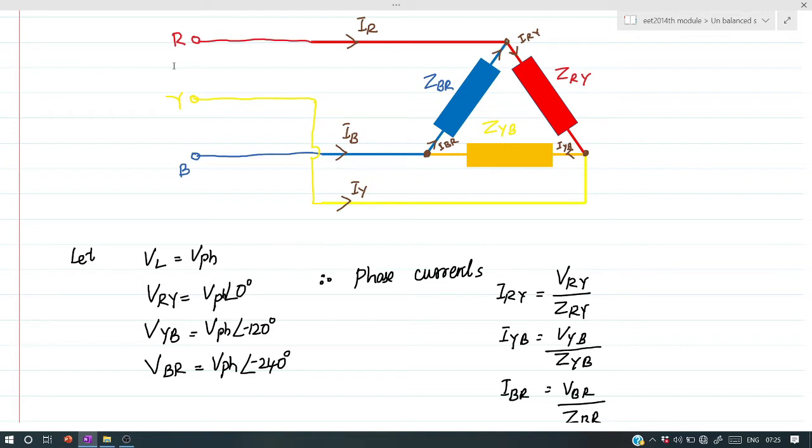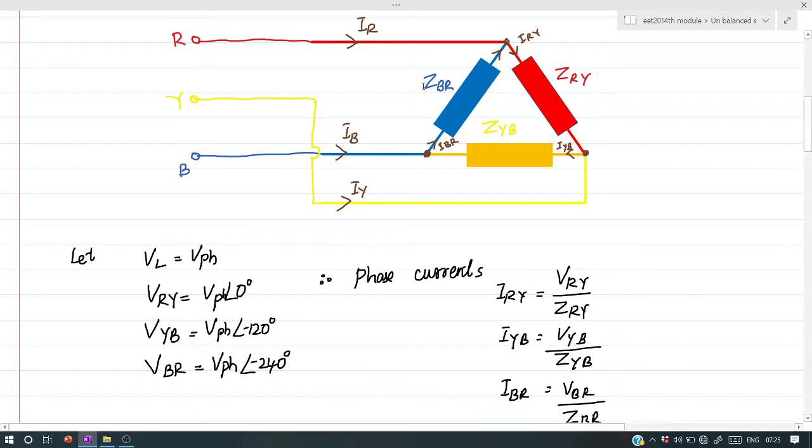It is the same as the supply voltage. It is independent of the nature of the load and is equal to the line voltage of the supply. The current in each load phase is equal to the line voltage divided by the impedance of that particular phase.